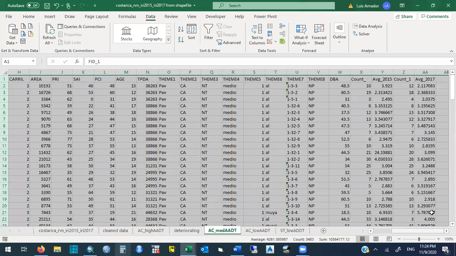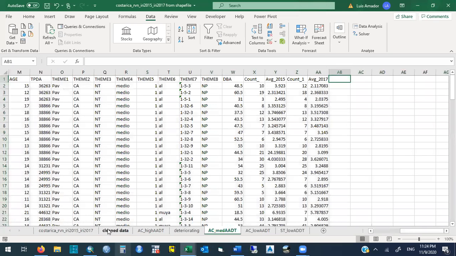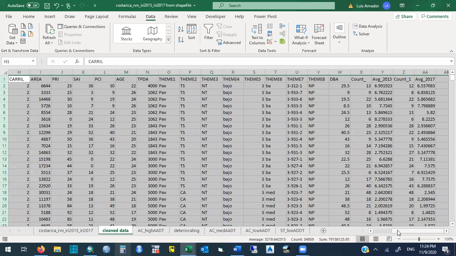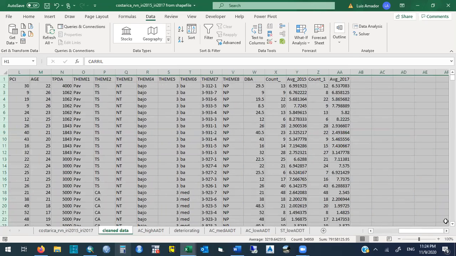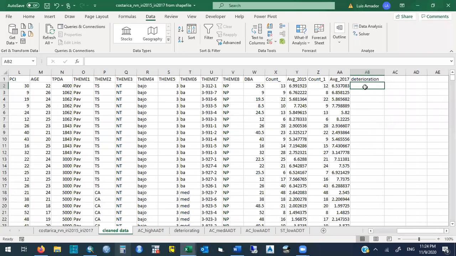Need to do the same here. So if you allow me, I'm just going to put the condition here for deterioration to avoid having to do it for all of them.